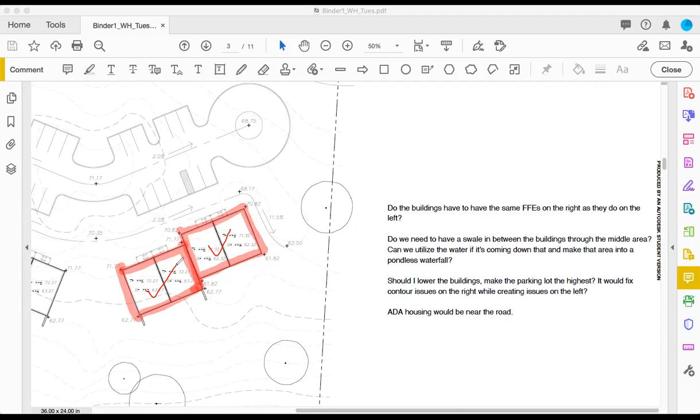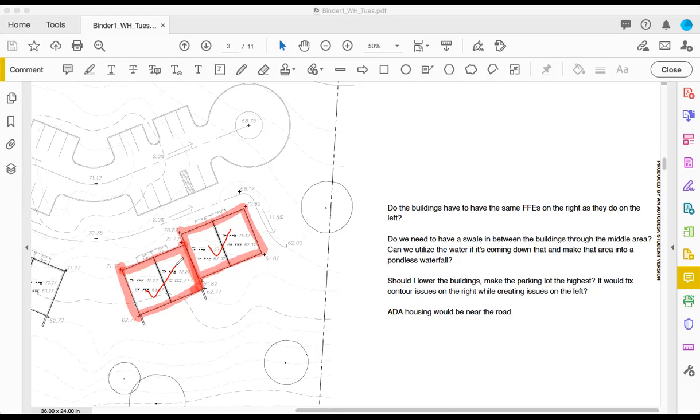Do we need to have a swale in between the buildings? I think we went through that. Can we utilize the water if it's coming down that and make that area into a waterfall? I can see it become a little water feature.